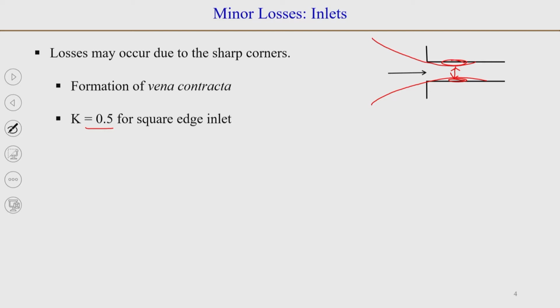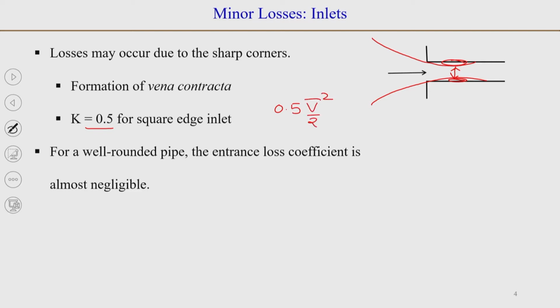So, the minor losses will be 0.5 v bar squared by 2. If you use rounded pipes, a small rounding can help quite a bit.